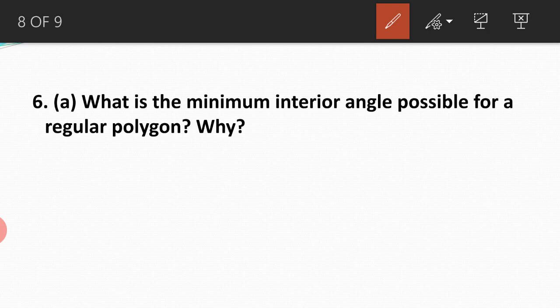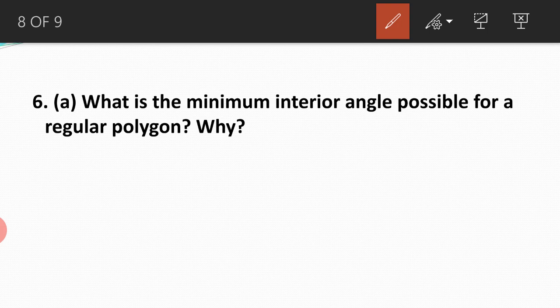So it has 3. That means equilateral triangle will have minimum interior angle, because you must have observed that angle sum property goes on increasing with number of sides. For quadrilateral it is 360, for pentagon it is 540 degree, and so on. That means measure of an interior angle will also increase, because it is sum divided by number of sides. So when will it be minimum?